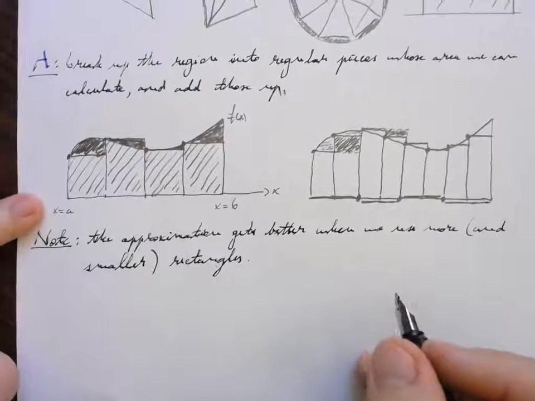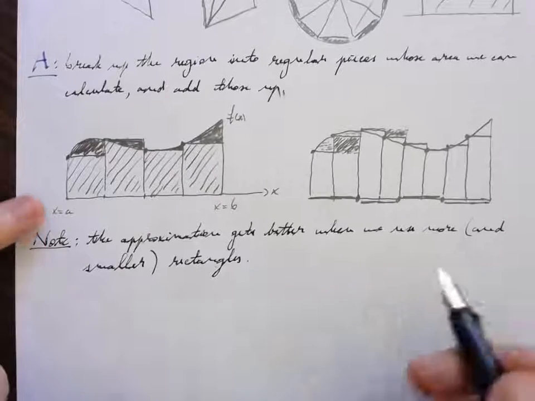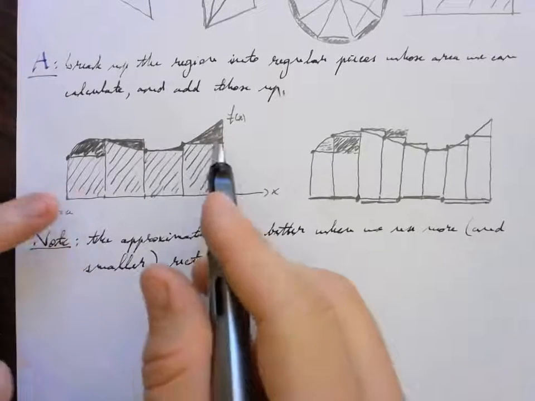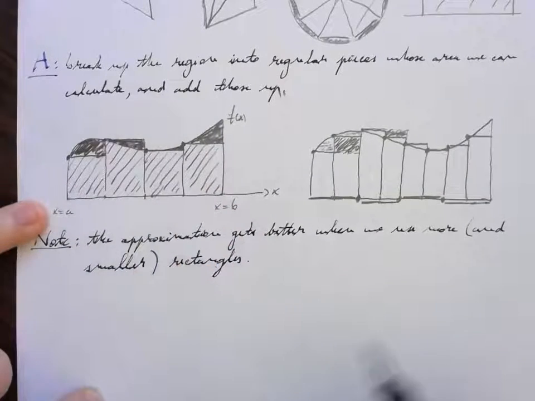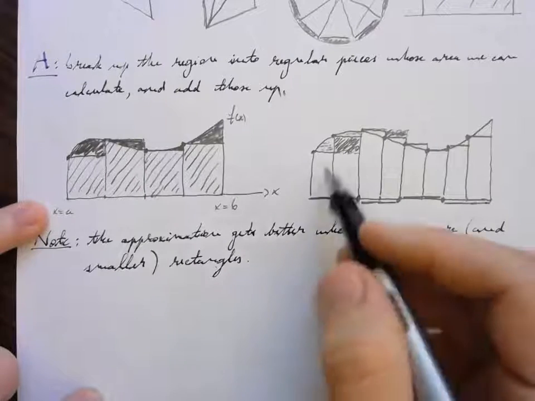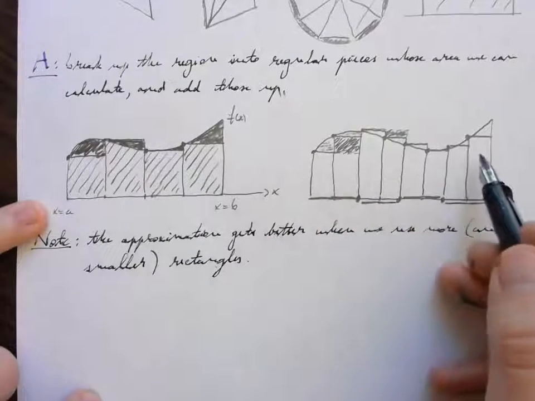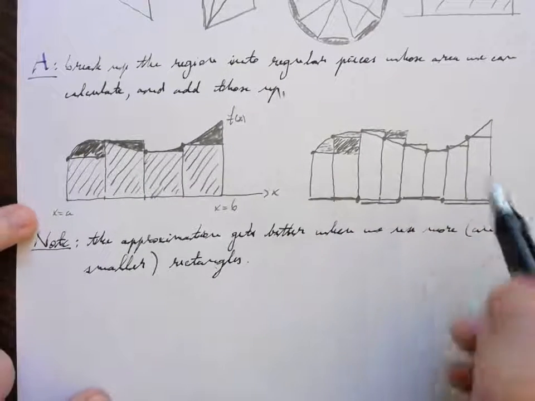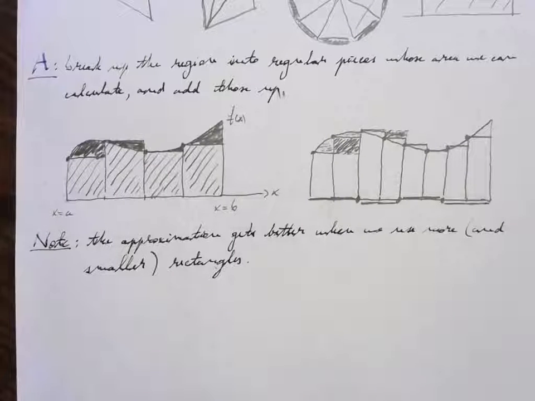Okay, so the less rectangles we use, the bigger they're going to be, and the bigger the area is going to be. The more rectangles we use, the less error we are going to get. So the closer we are going to be to the actual answer.